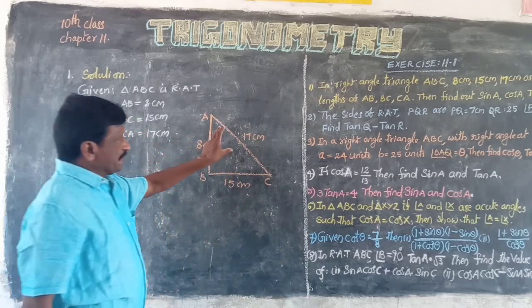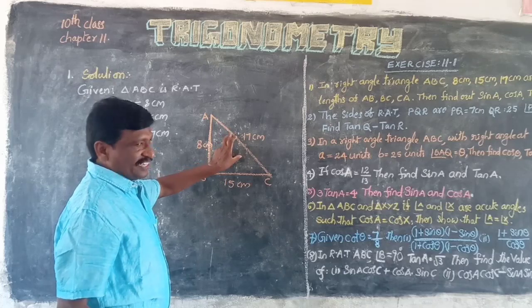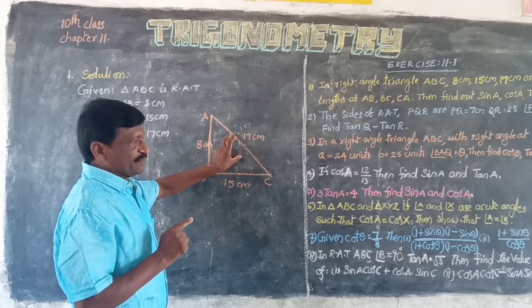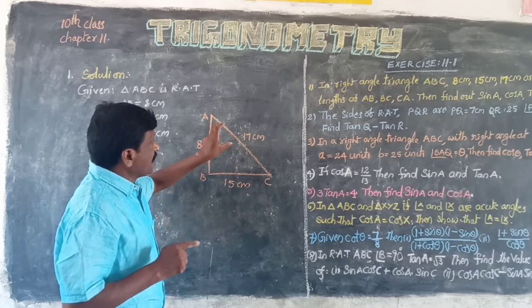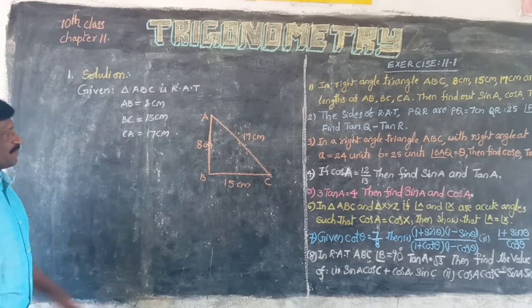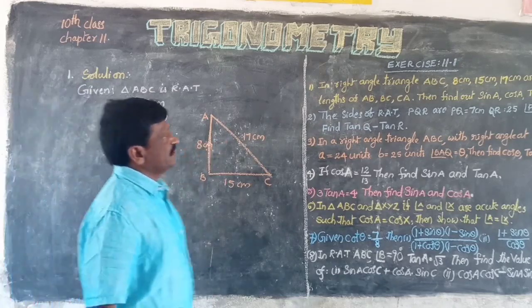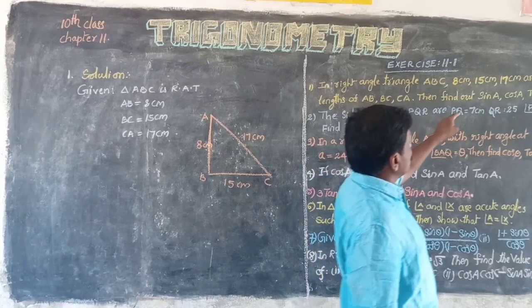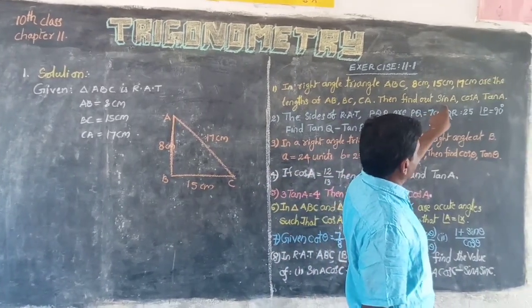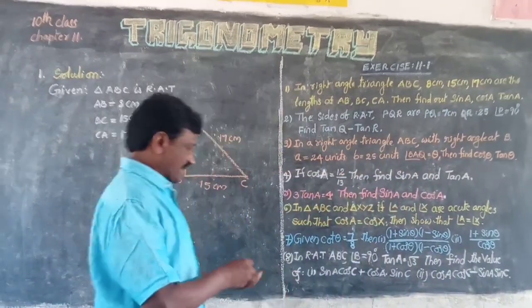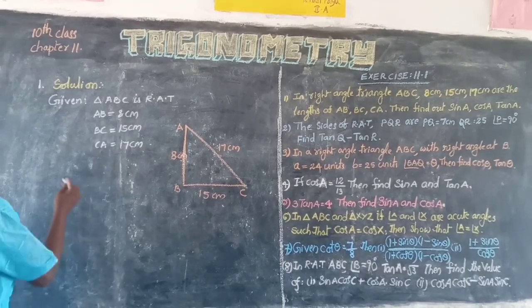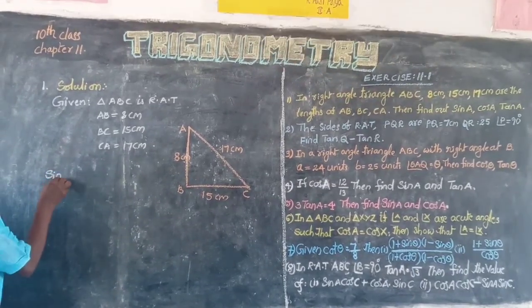You should take the 17 centimeters, the highest measurement, as the hypotenuse. What do we want? Sin A, cos A, tan A. So, first sin A.